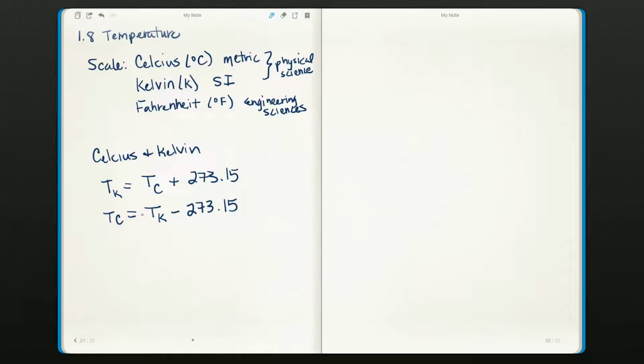So an example, let's say we're given 300 Kelvin and we need to convert to Celsius. So we're going to use our second formula, temperature in Celsius equals temperature in Kelvin minus 273.15.